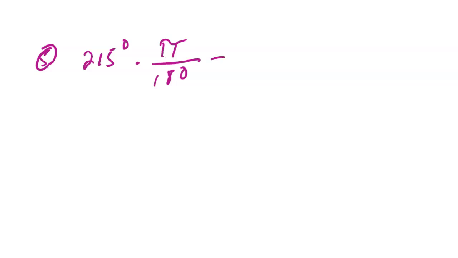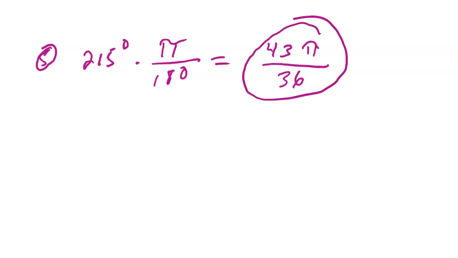I guess you can divide by 5. 5 goes into 215 43 times. 5 goes into 180 36 times. That makes sense, because you get 150 plus 30. And I believe this is in simplest form. It's a nice, pretty number.